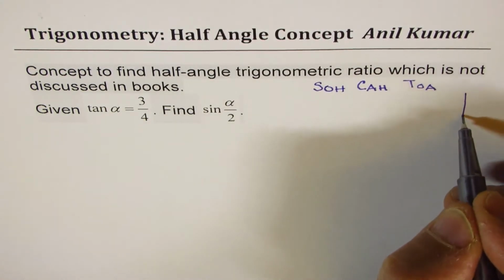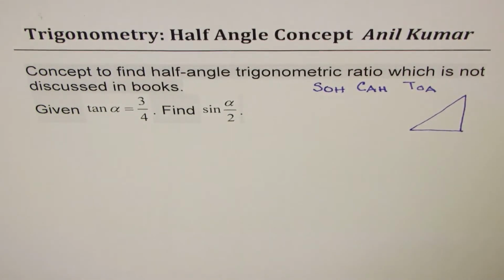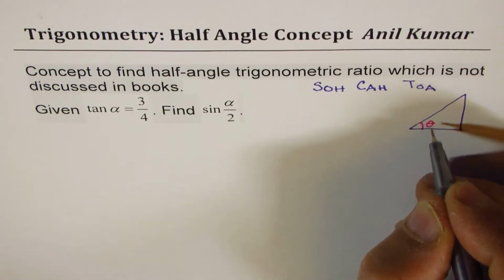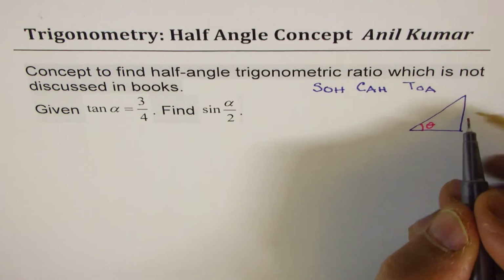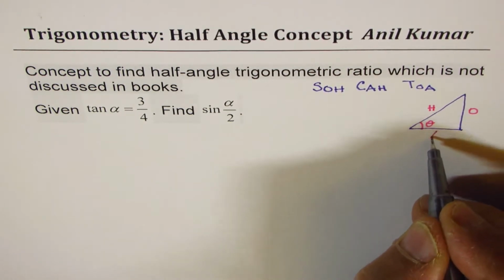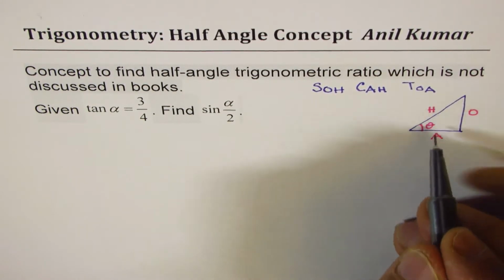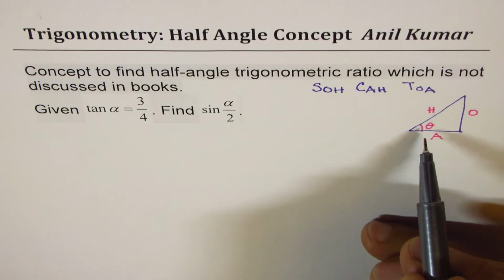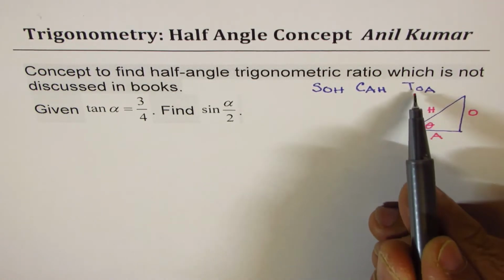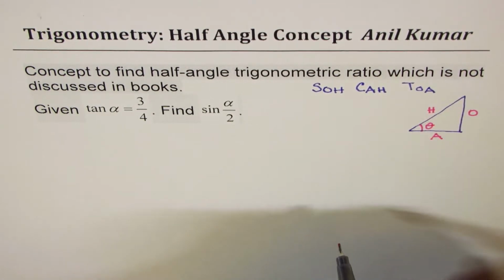So if I have a triangle like this, and I label this angle theta, and call the opposite side this, hypotenuse this side, and adjacent that one, normally sides should be written in lowercase, but just to go with the formula. Sine is opposite over hypotenuse, cos is adjacent over hypotenuse, and tan is opposite over adjacent. So that is one concept which we will use.